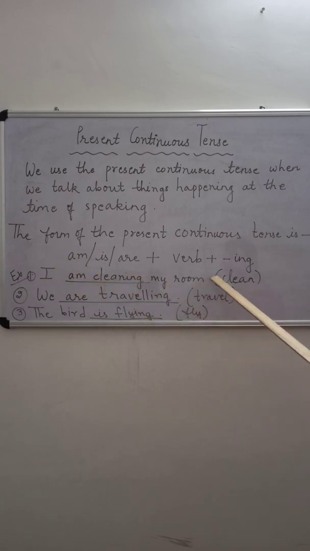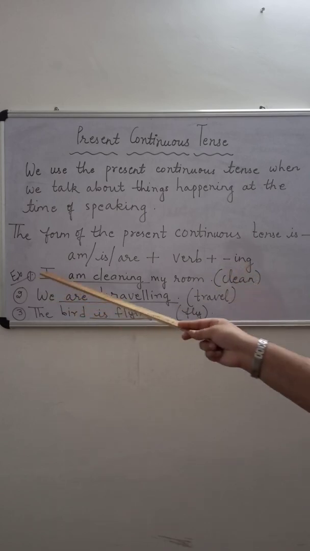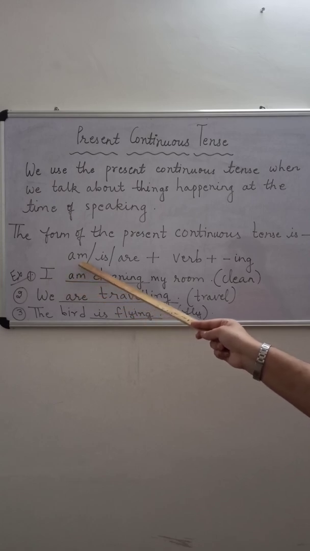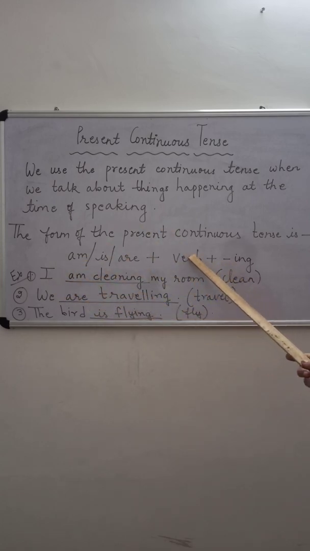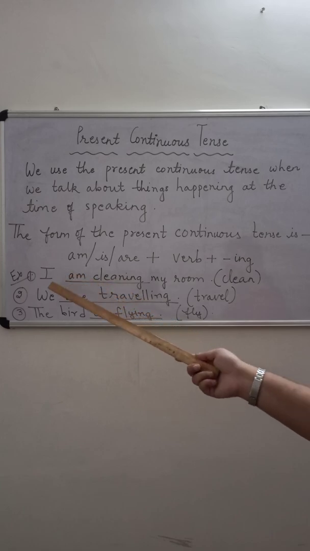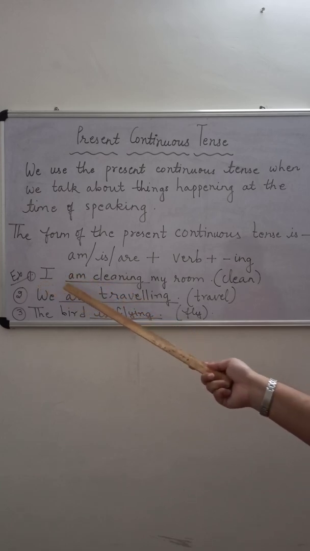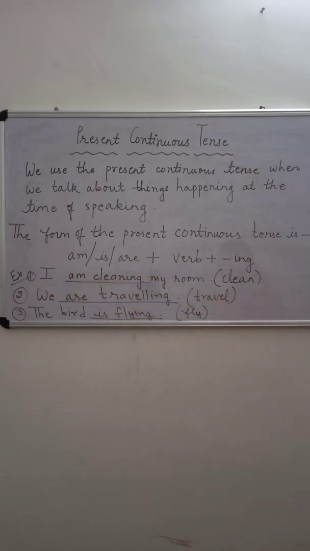We have to write the present continuous tense of the verb clean. So I told you with the pronoun I, we first write am. So you will write am, and verb plus ing. We have to write the ing form of the verb. So clean becomes cleaning. So the sentence becomes I am cleaning my room.